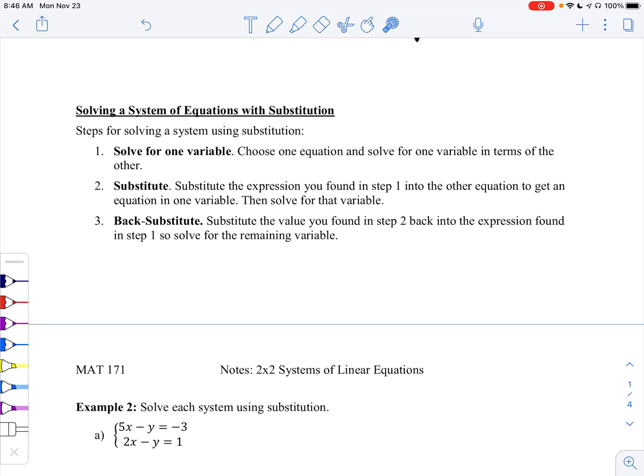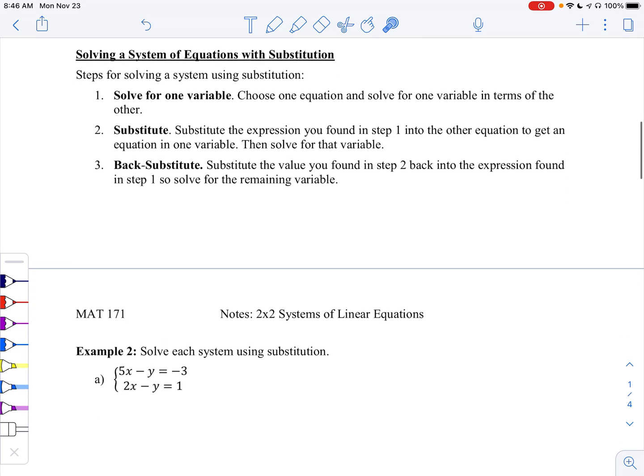So take one of the equations and solve it for either x or y. From there, we take that equation and we substitute it into the other equation. What this does is it gives us an equation in terms of just one variable instead of two. Then we'll solve it, and then after that we do this back substitution step where we basically plug it back in to find the other variable. Okay, so let's go through and let's try this process.